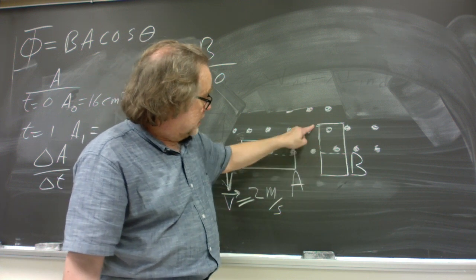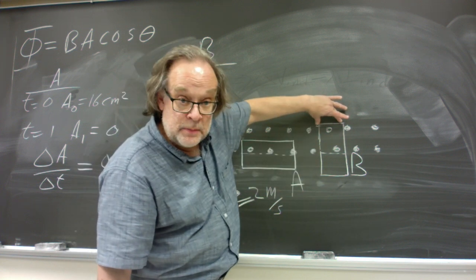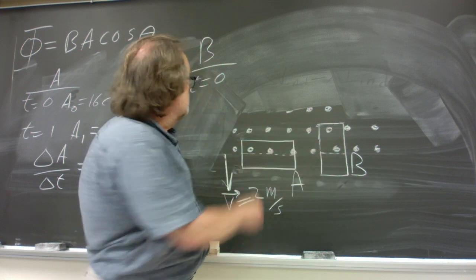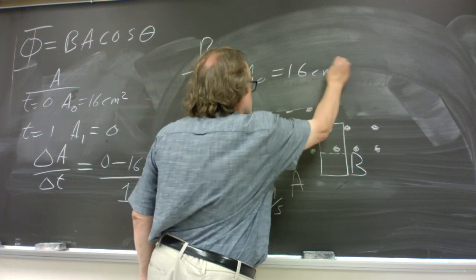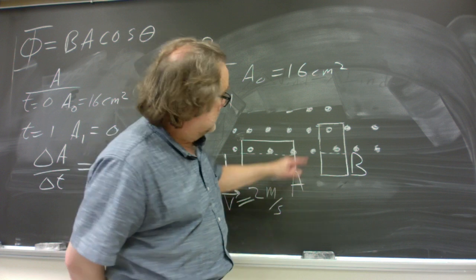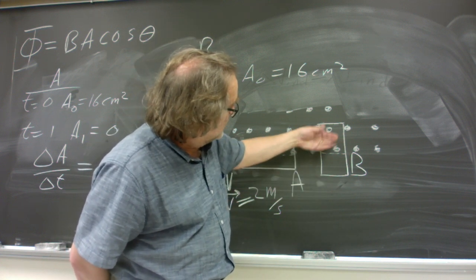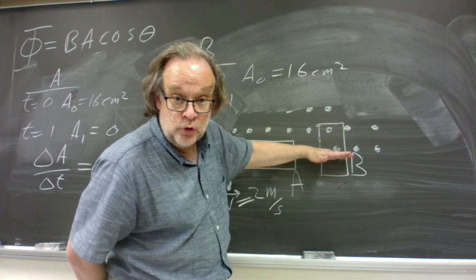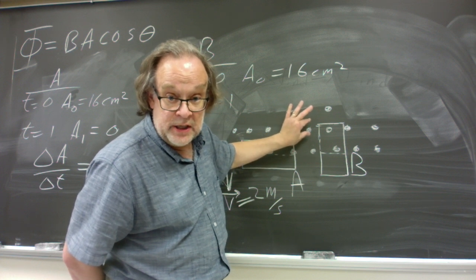So this whole length is 8 centimeters, so that's 4 centimeters, and this is 4 centimeters. So the amount of area that's inside the loop right at the start is again 16 square centimeters, but then 1 second later, this has fallen 2 centimeters, so these 2 centimeters are now outside of the loop region, but the top 2 centimeters are still inside.